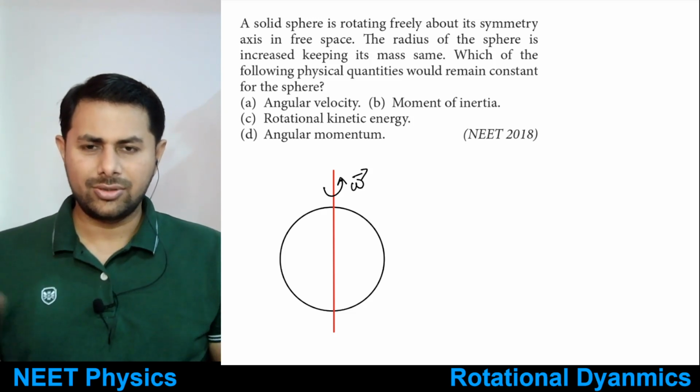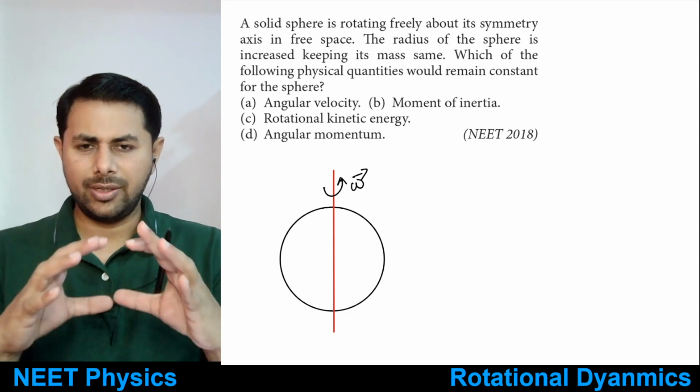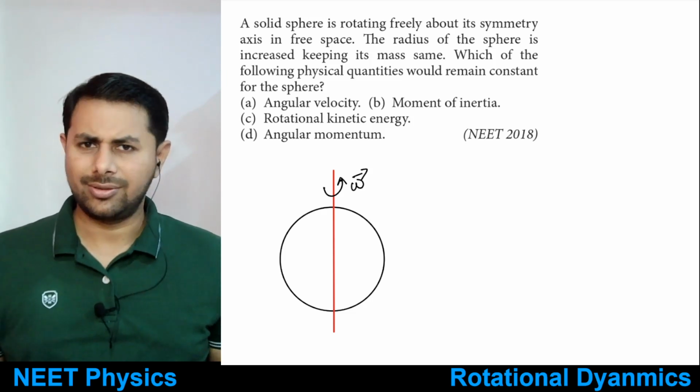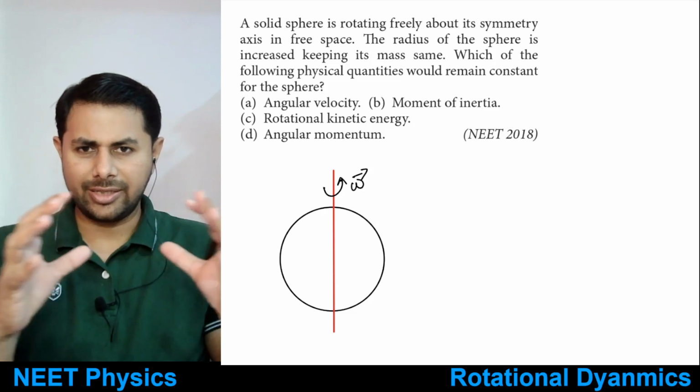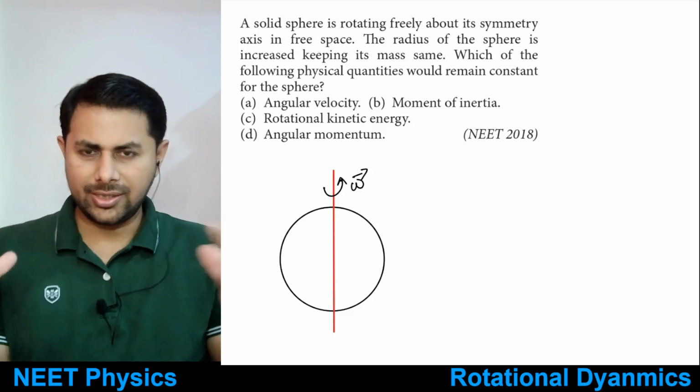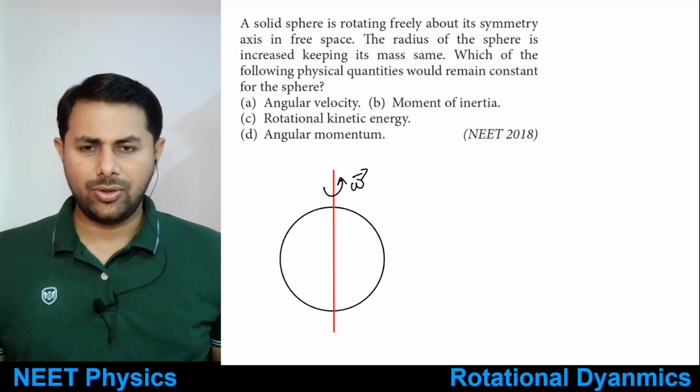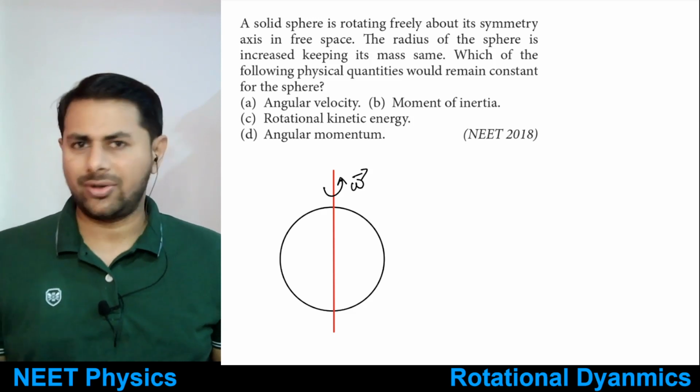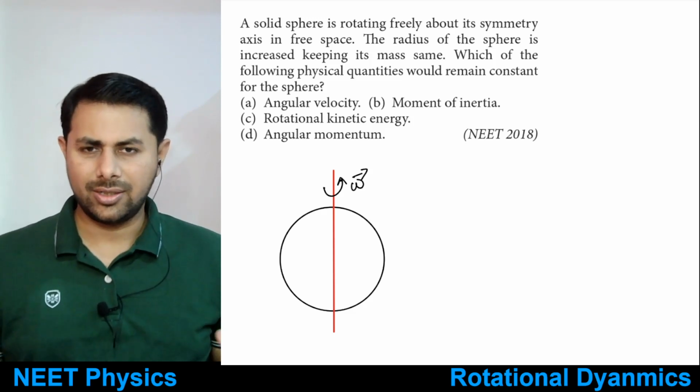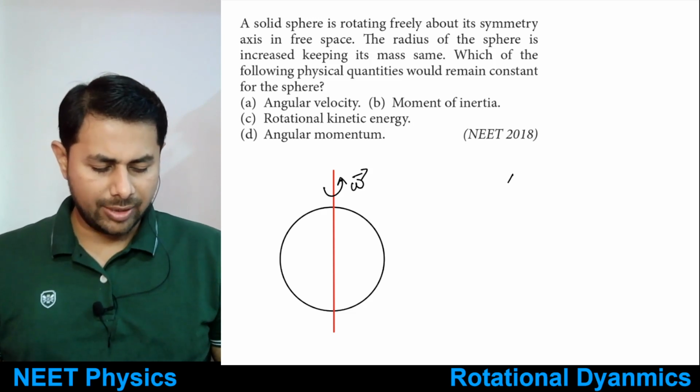This is because of some internal force. So now the sphere is expanding, radius is increased. Now you are not exerting any external torque on it, no external torque is applied, so the angular momentum would remain constant.